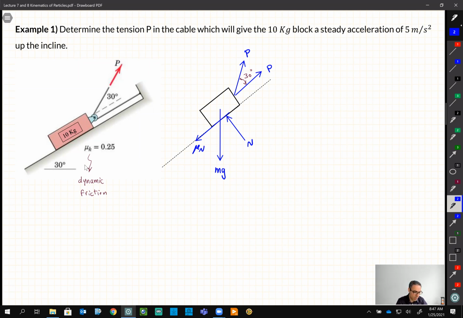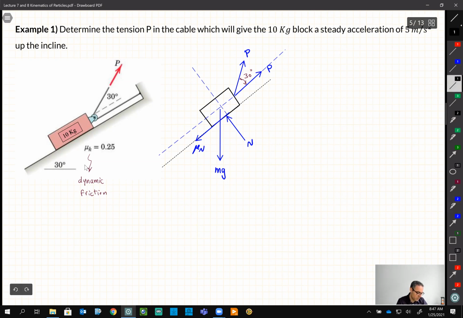And then it's up to us how we want to work on this system, how we want to break these forces into their components. Maybe you can break them into X and Y, but I prefer to break them into components in these two directions. So if I do that, then what do I get?